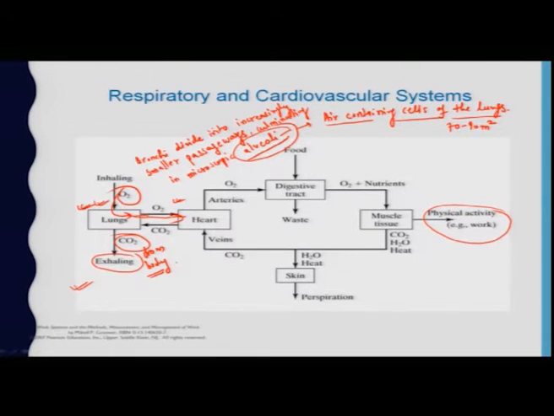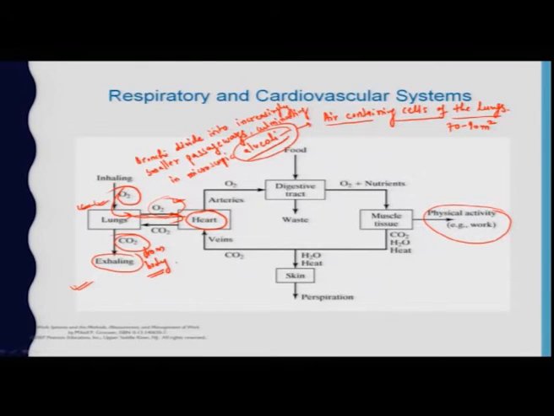The lungs and heart are connected by this passage of oxygen. The oxygen inhaled into the lungs is diffused into the blood, flows back to the heart and is pumped throughout the body by the heart.